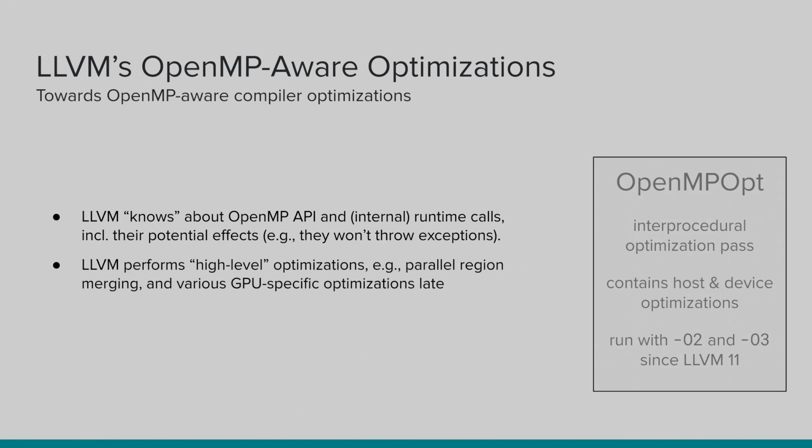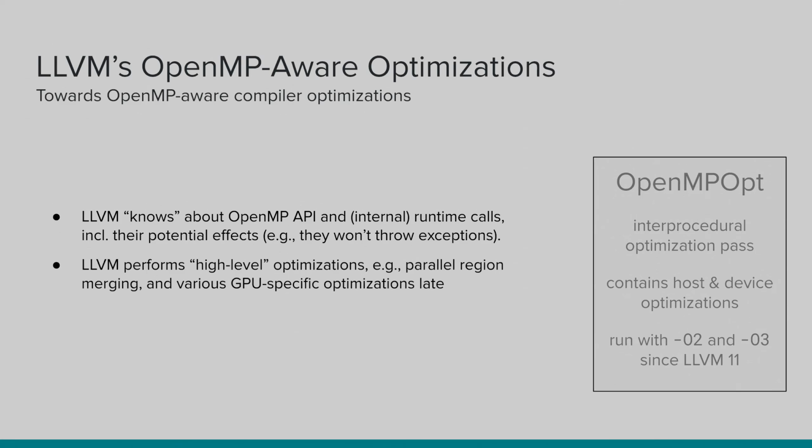We also perform very high-level optimizations that are not part of any other LLVM pass. For example, parallel region merging. It is a thing where you have to have awareness of what a parallel region is, what it means to merge them, what you have to verify to show that it is sound, and how to modify the code to actually make it happen. And what do you do with sequential code that is in between parallel regions?